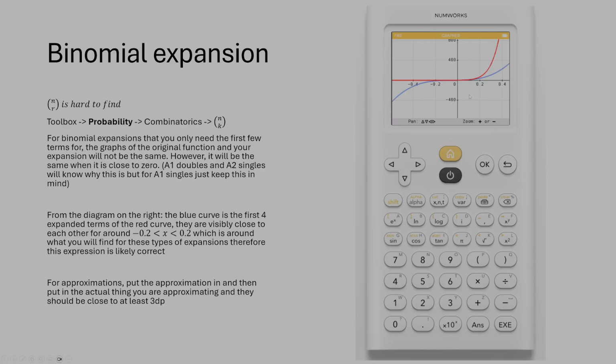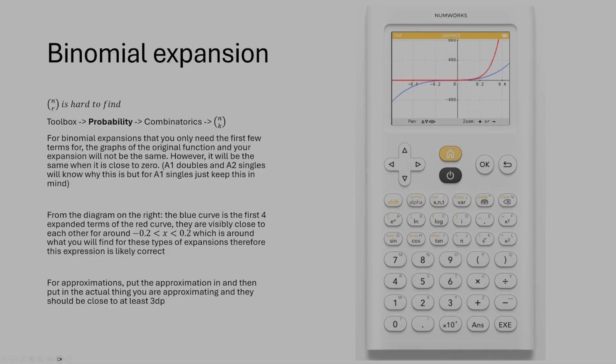For A1 singles, all you really need to know for this checking is that they will be close to each other when x is close to 0. That's when the two graphs are going to be close to each other. So here, this is likely to be correct because the blue curve touches the red curve when they're close to 0.